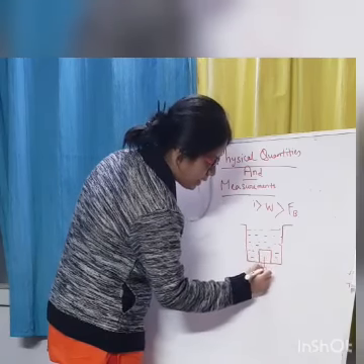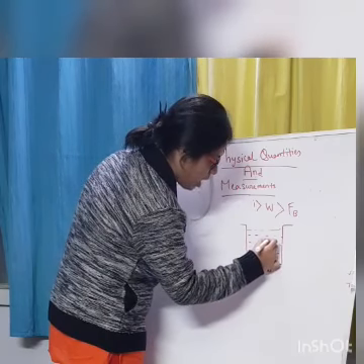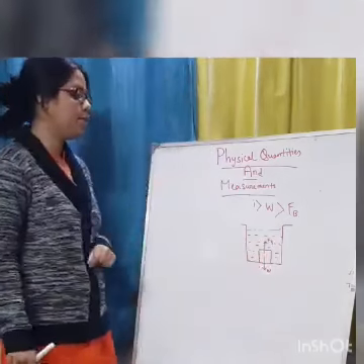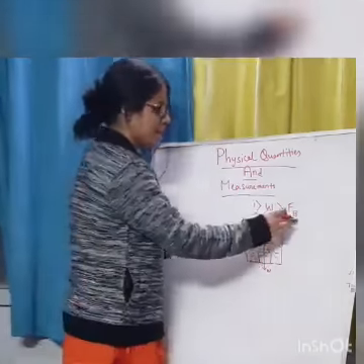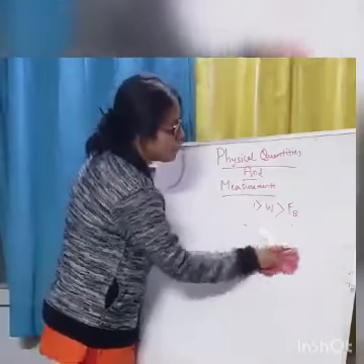The weight is acting downwards, the upthrust is acting upwards, and the body has sunk down in the liquid. This is case number one. There can be two more cases.